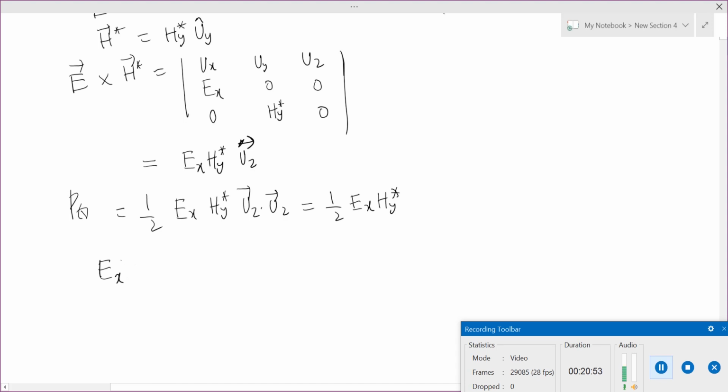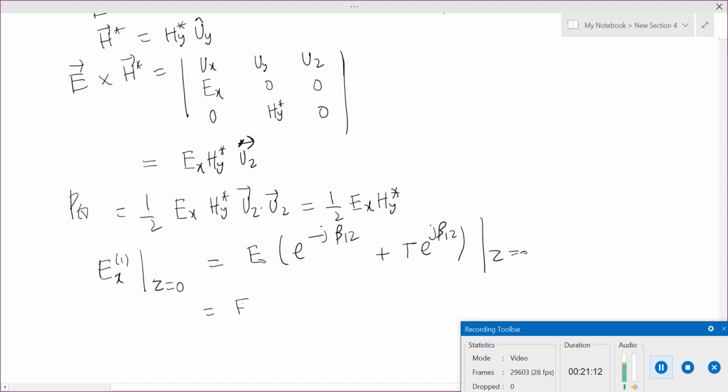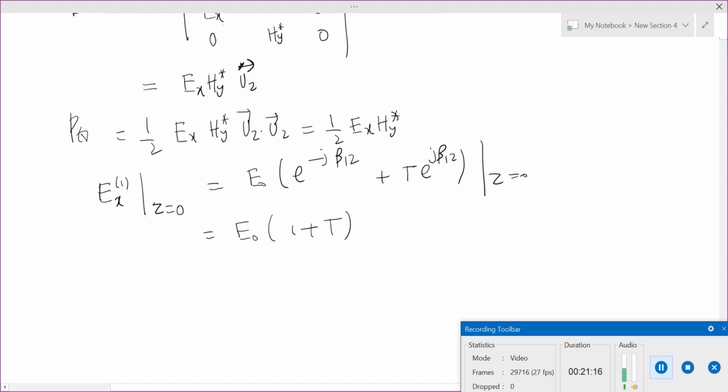Ex1 at z equal to 0 is E naught times e to the power minus j beta 1z plus gamma e to the power j beta 1z, at z equal to 0.